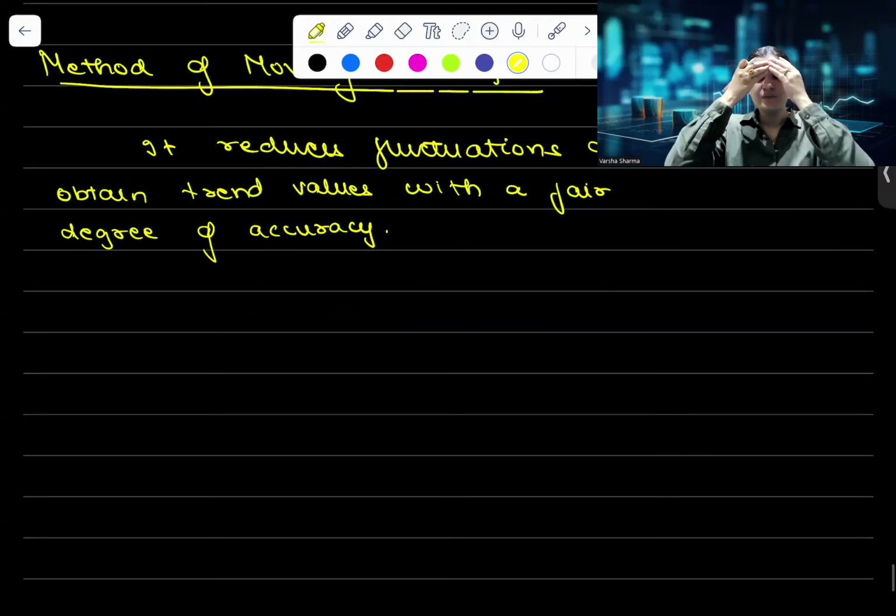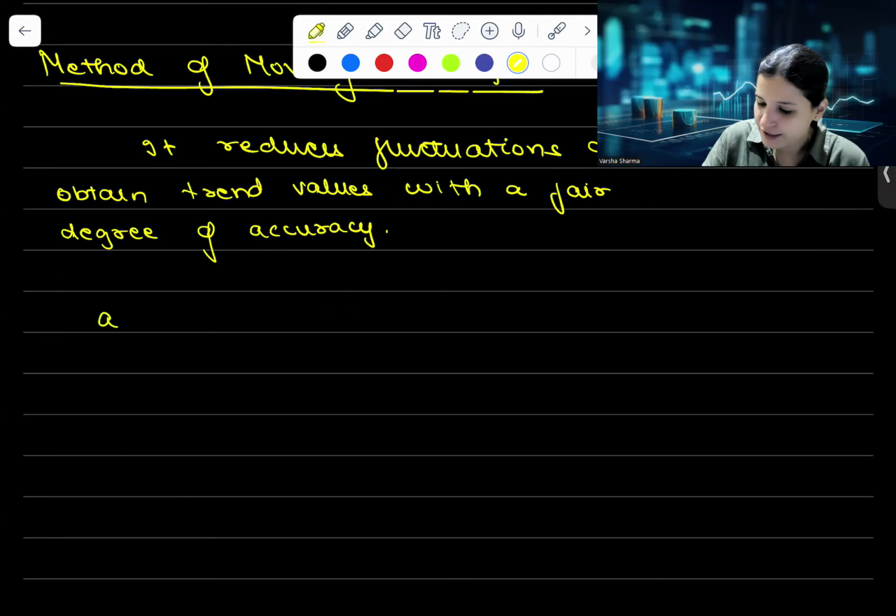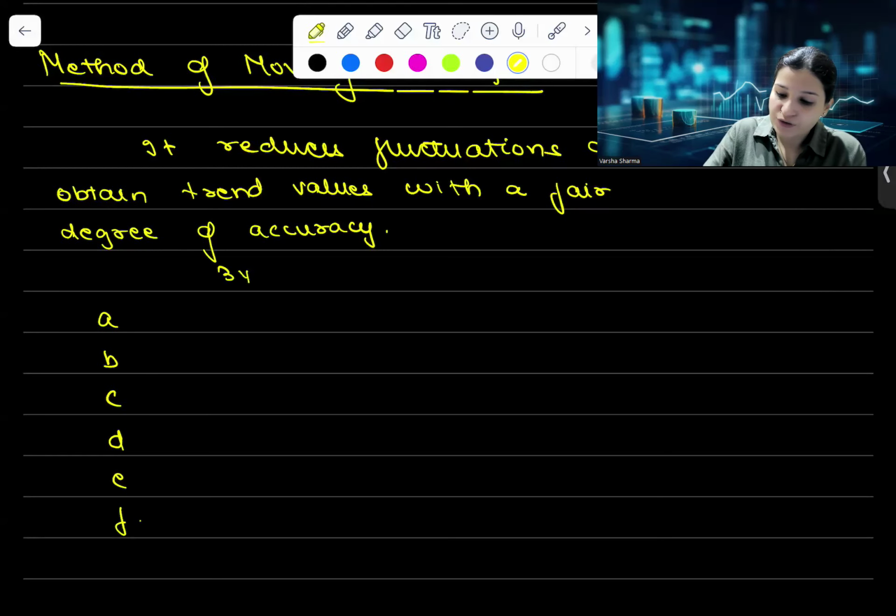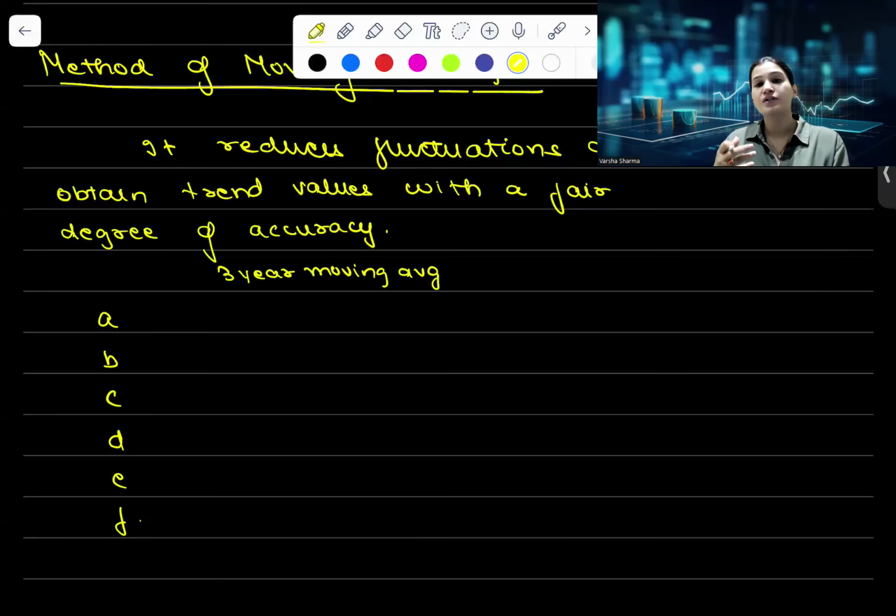We'll be talking about different moving averages: 3 year, 4 year, 5 year, 6 year. Suppose I have this data A, B, C, D, E, F. If I'm talking about a 3 year moving average, why is it moving average? Because we take three consecutive terms and find the average.